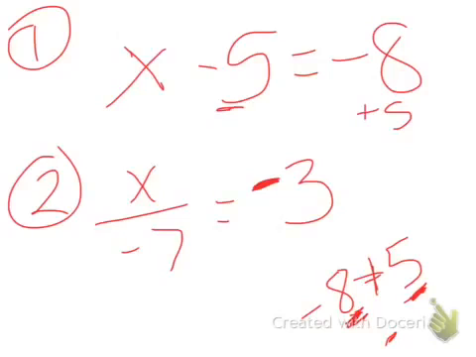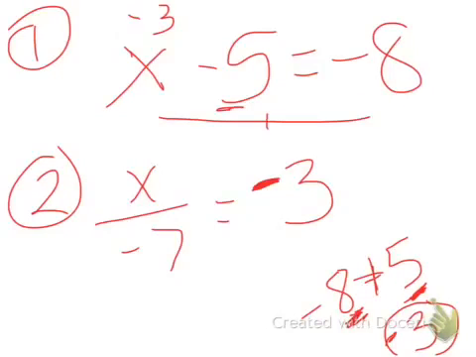What's 8 minus 5? 3, so our answer would be negative 3. Let's double check that. Negative 3 minus 5 is negative 8. Is that correct? Yes, it is. If you started at negative 3 on a number line, and then you went backwards 5 more, you'd be at negative 8, right? That's correct. So your answer was negative 3.